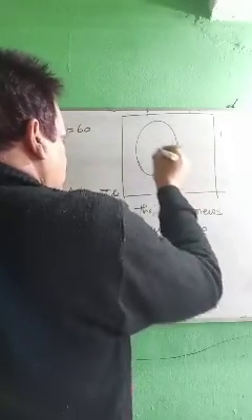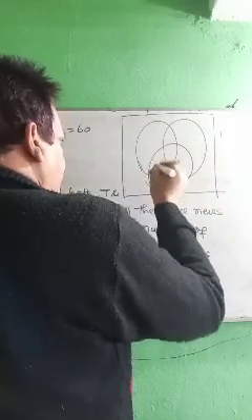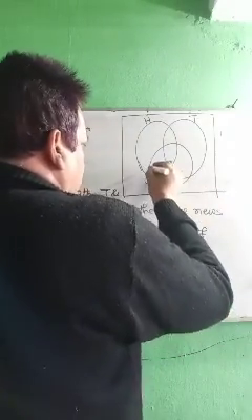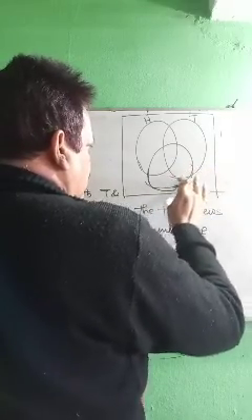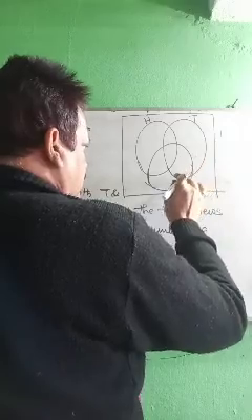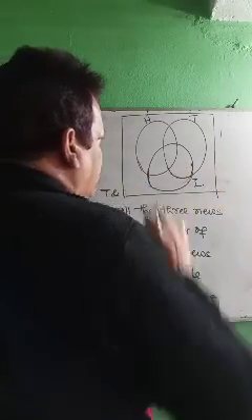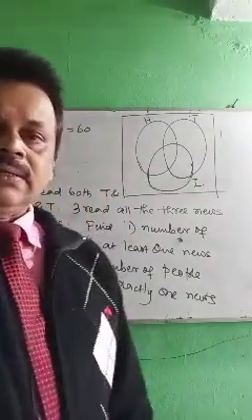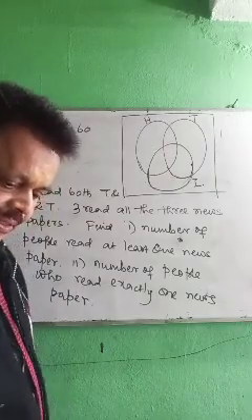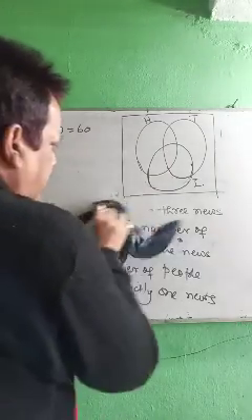This is H, T, and this is I. Okay, let's collect the data, then it will be easy for us. It is given that 60 people are there.